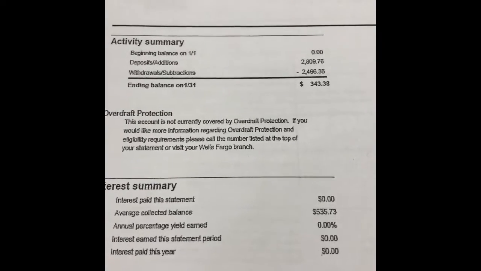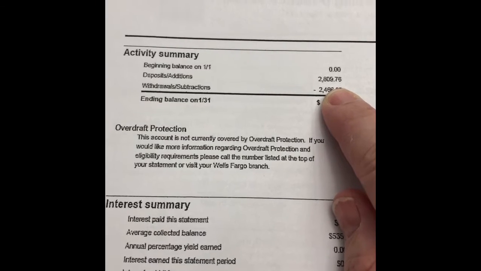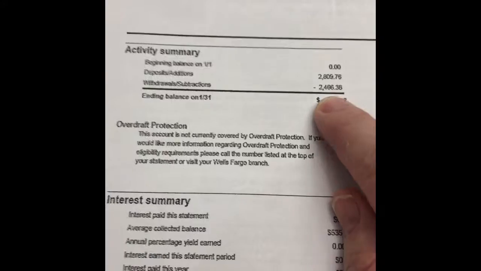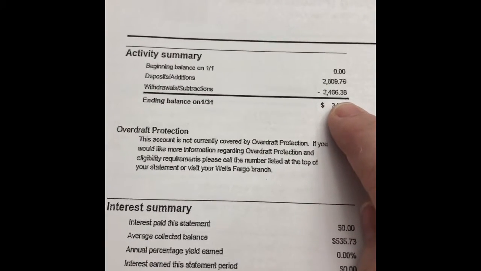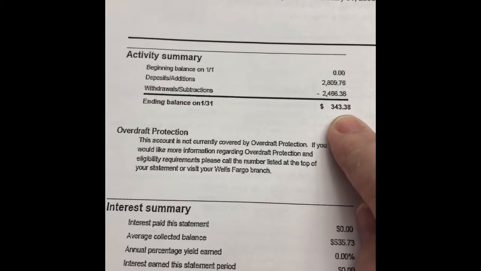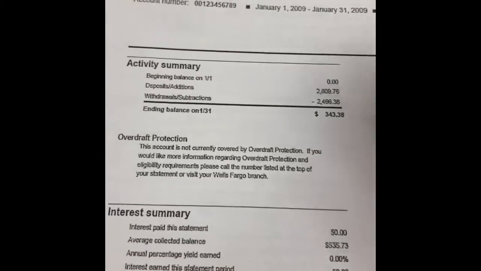You can see then any deposits, and I deposited $2,809.76 throughout the month, and then it added up all of my withdrawals, $2,466.38, and subtracted it out. And so according to the bank at the end of the month, this is the amount of money that I have in my checking account.